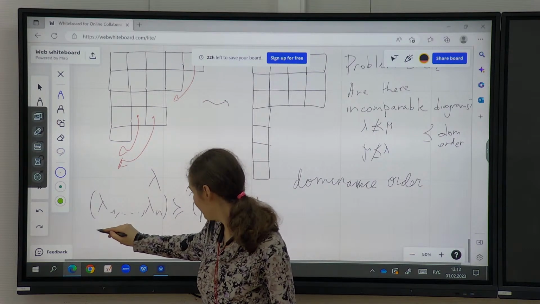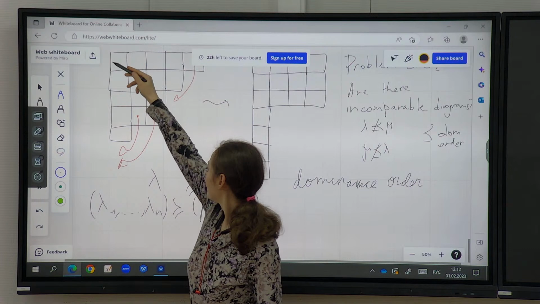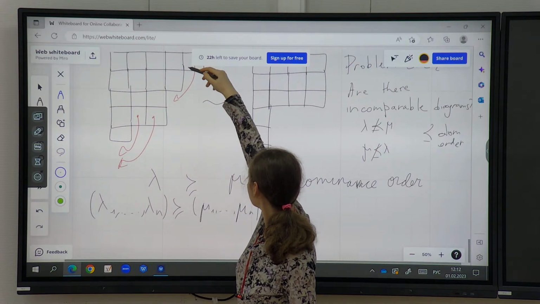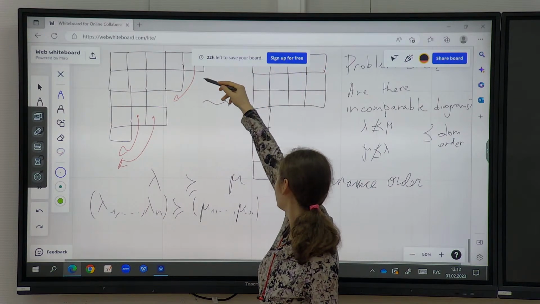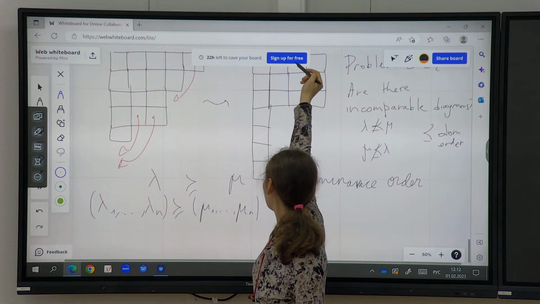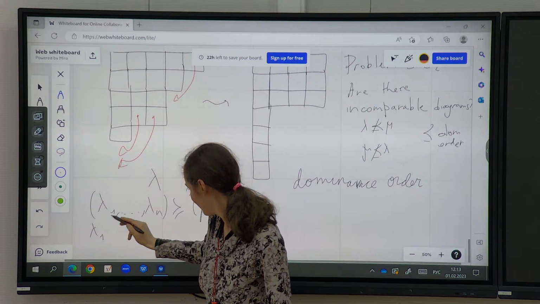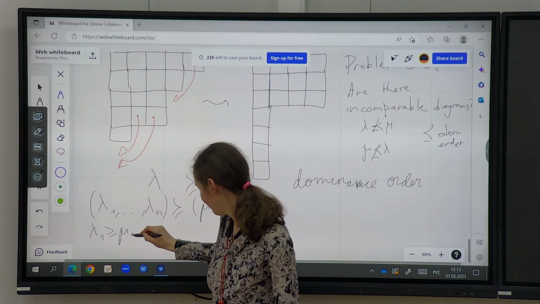What does this mean? It means that in the first row of lambda we have more or equal boxes than in the first row of mu: lambda 1 is greater or equal than mu 1.